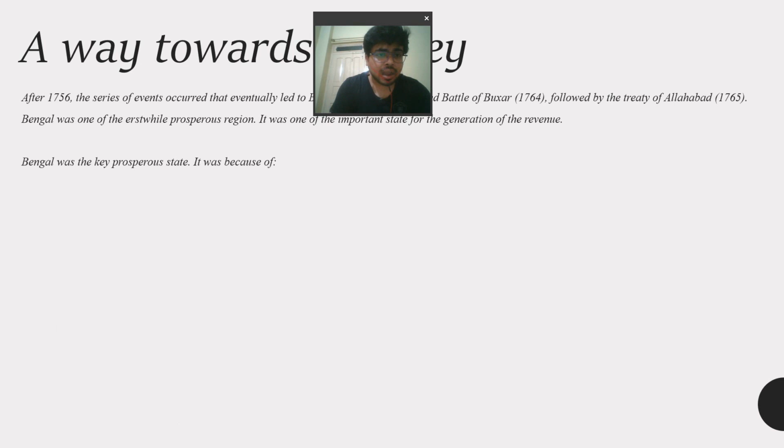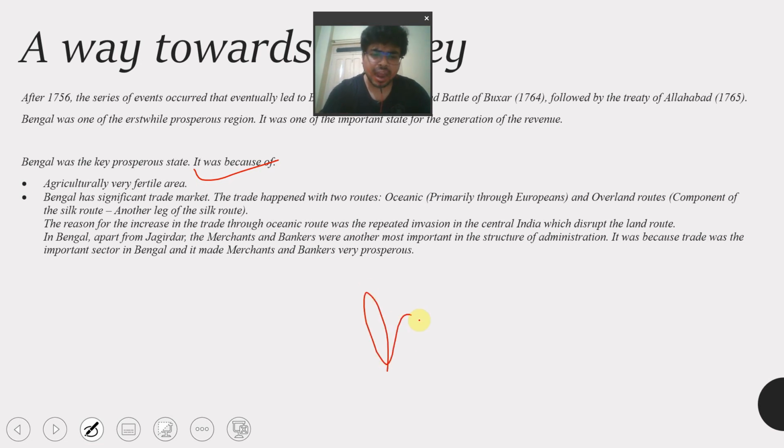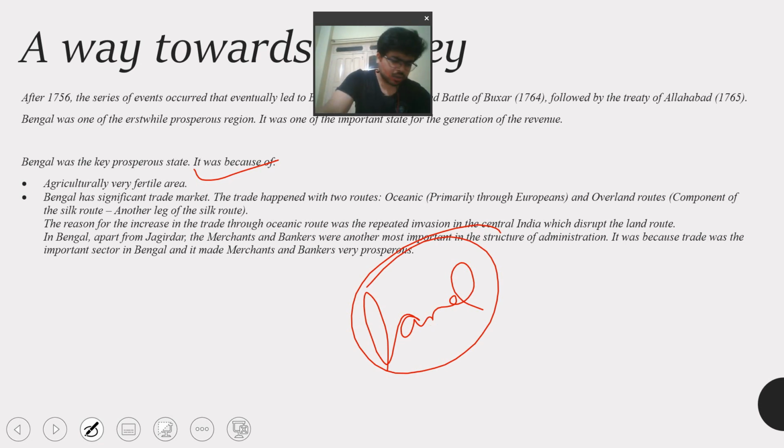Bengal was the key prosperous state. What was the reason behind it? Agriculture, because it was a fertile area. Bengal also had a significant trade market. Trade happened through two routes, oceanic and land. But the most chosen route was the oceanic one, because through the land route they had to travel through different regions where plunders used to happen.